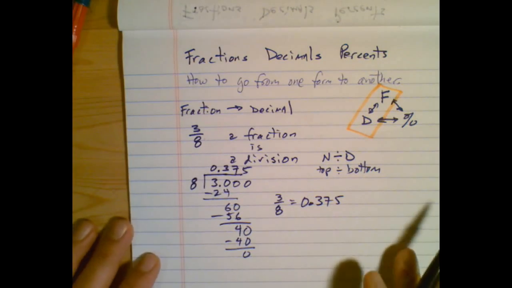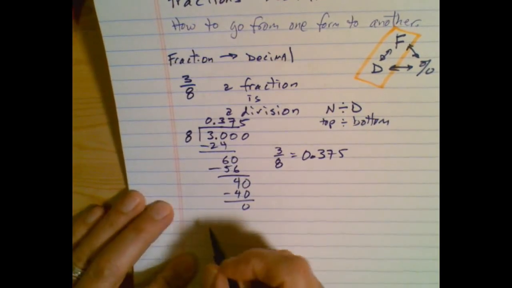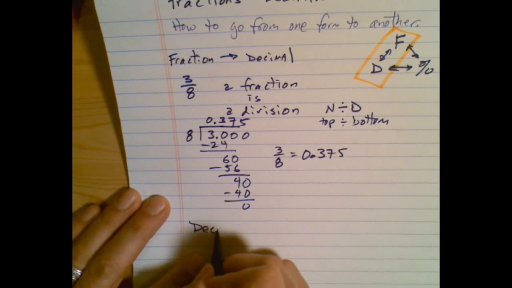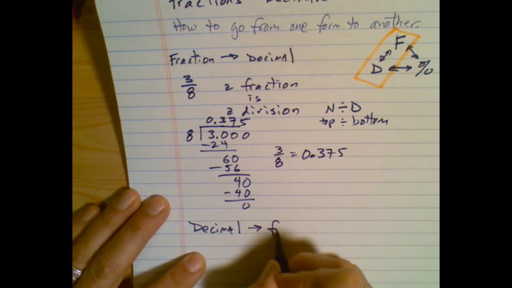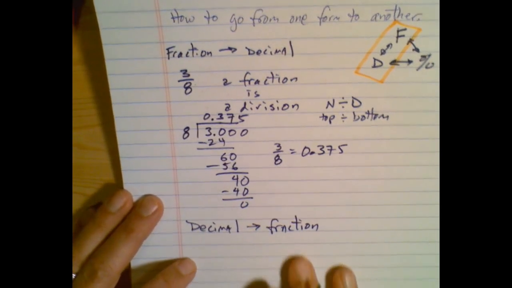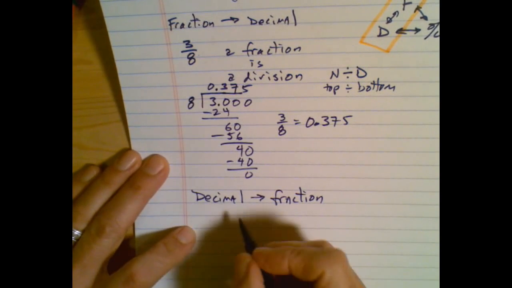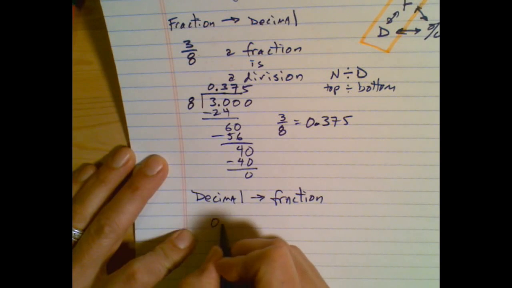So that leaves us with going between a decimal to a fraction. And here, the thing to know is to correctly pronounce the decimal. So let's take a look at this.